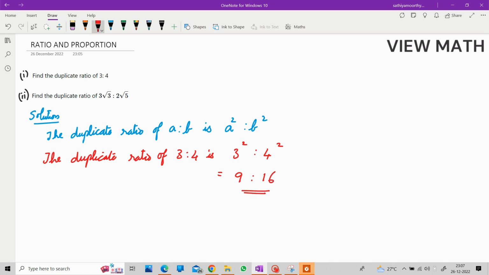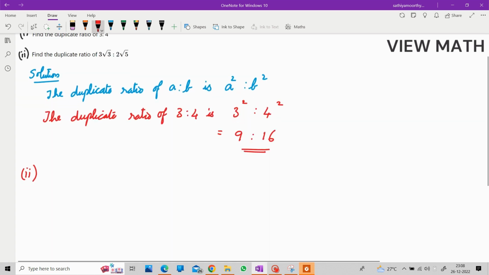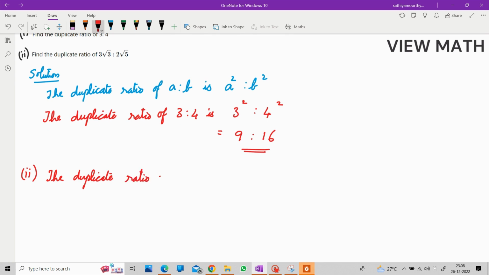Now let me do the second subdivision. What is asked is the duplicate ratio of 3√3 is to 2√5. This is 3√3 the whole square is to 2√5 the whole square.